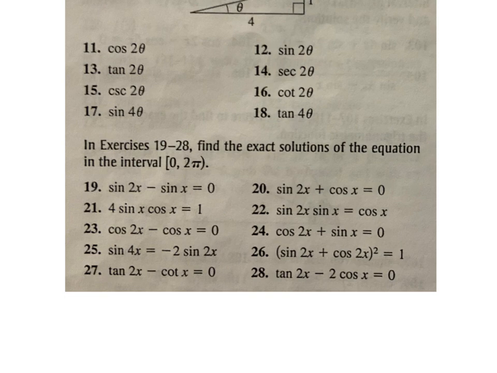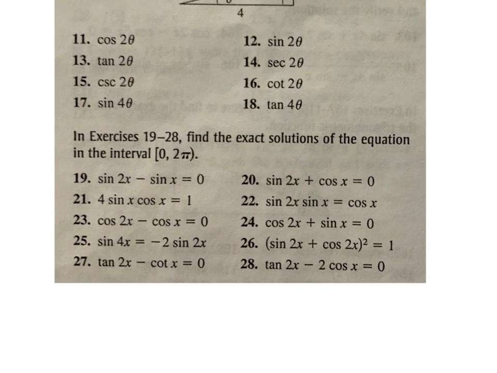I would not suggest the top one. I'd use the second one. Why would I use the second one here? Because everything's in terms of cosine now. So on 23, I would replace cosine of 2x with 2 cosine squared x minus 1, and then you can factor.